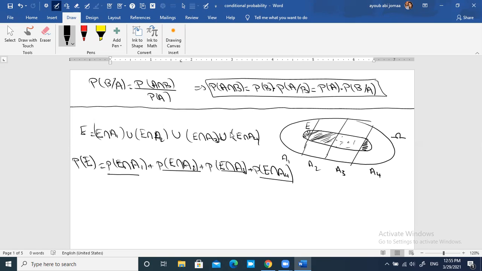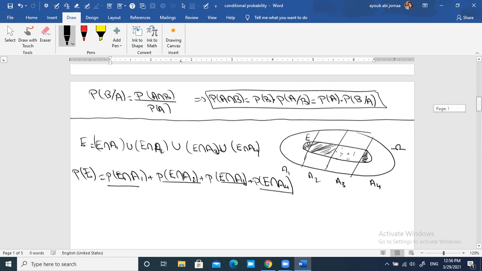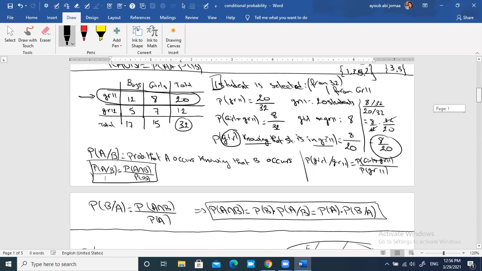Here I applied the idea on, let's say, a partition of 4. The sample space has a partition of 4. This idea can be applied in case you have n different partitions or n different events. It's not necessary to have only 4; it could be 5, 7, 100, no problem. Okay, for example, you just write it like this. Now we will take an example and you will see how.